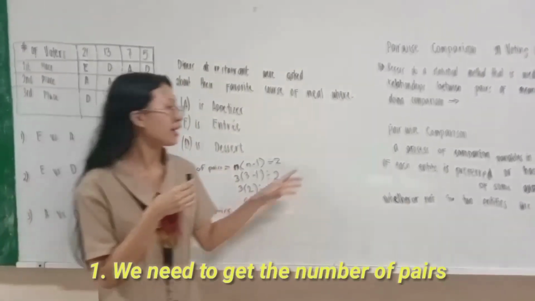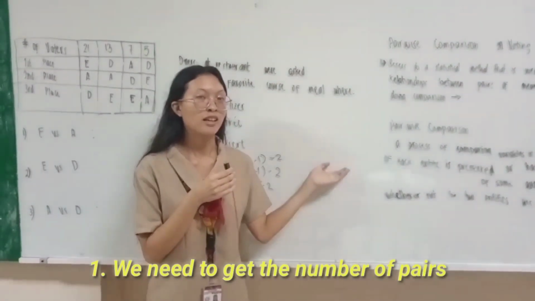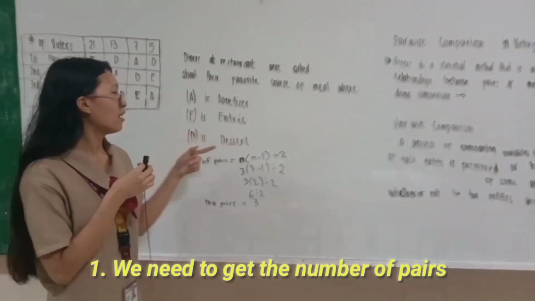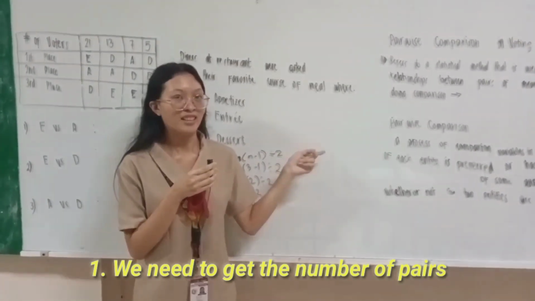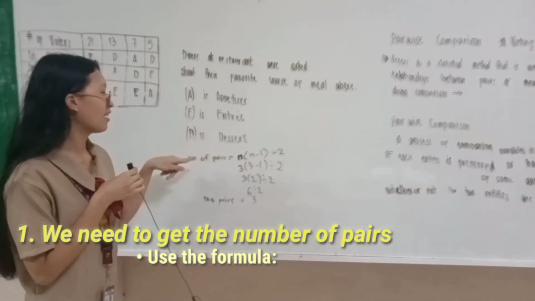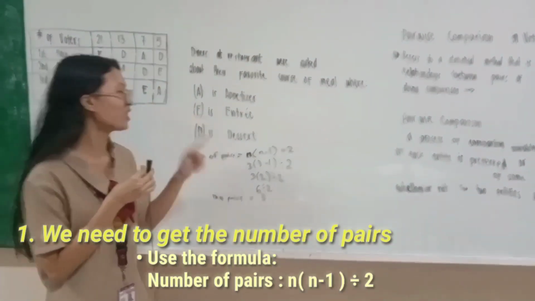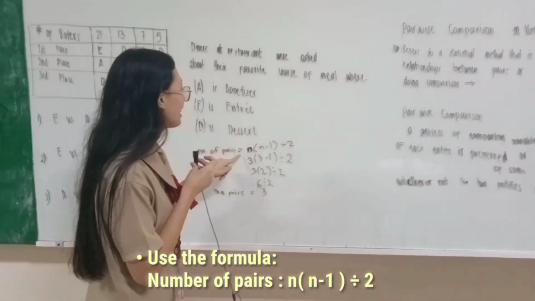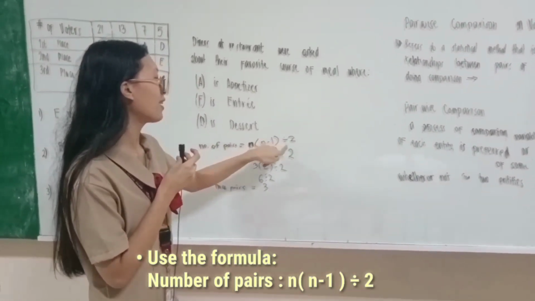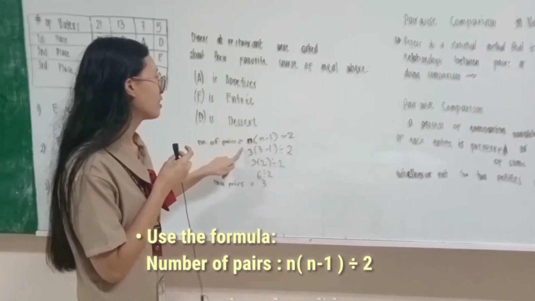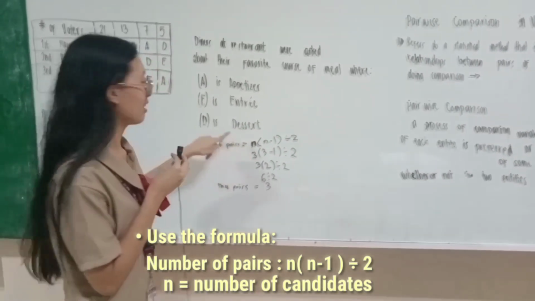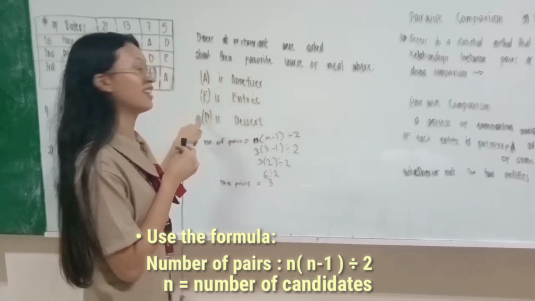First, we need to find the number of pairs, and we use this formula: n times n minus 1 divided by 2. Here n is the number of candidates.